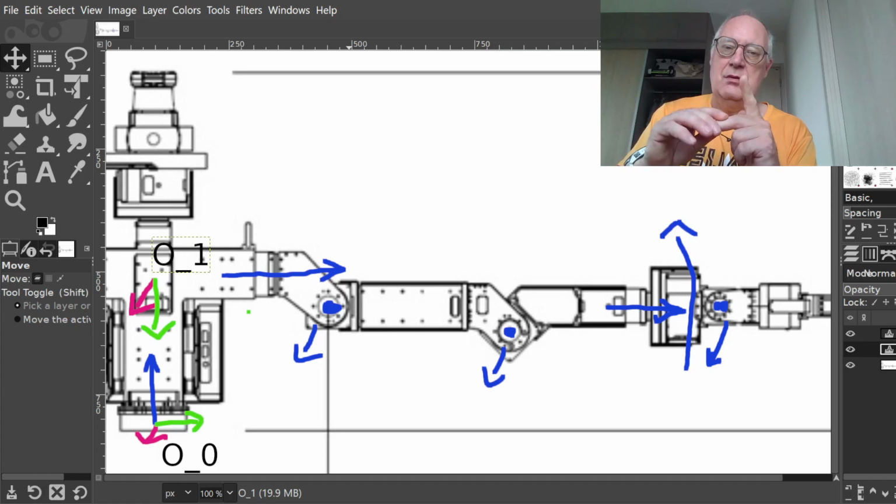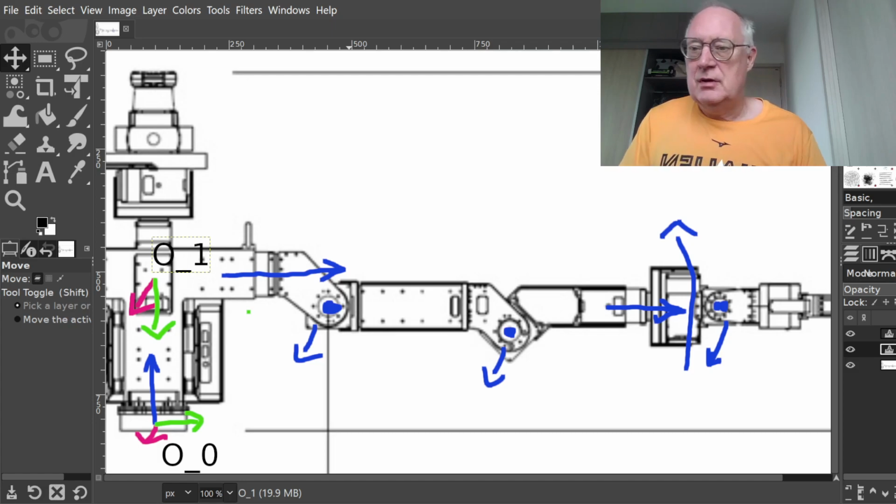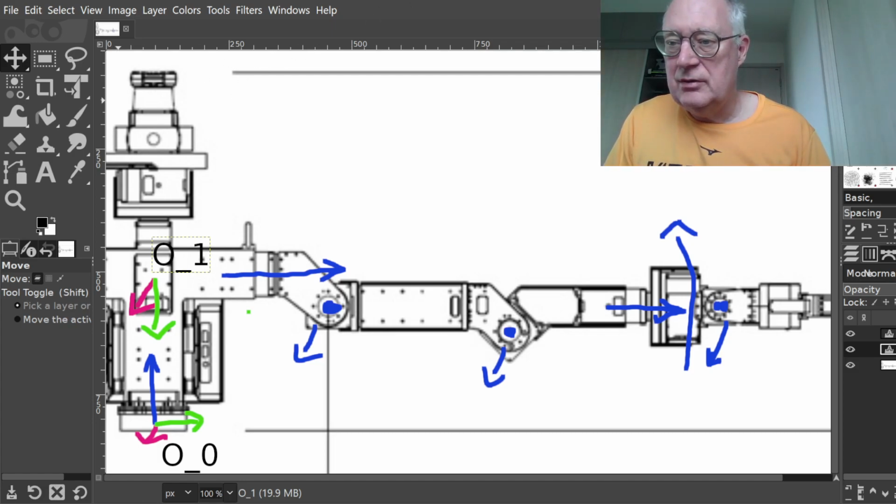So we'll move this way. So now I have X, Z, this way if I rotate it that way. Okay. So it should be positive 90 degrees.